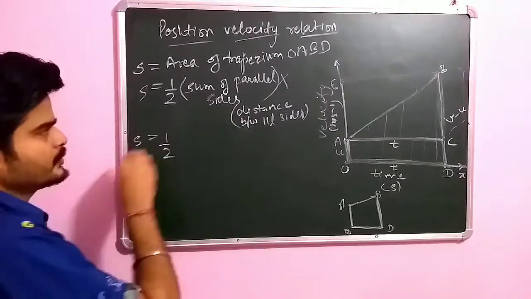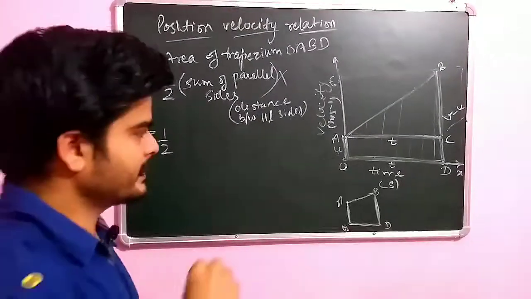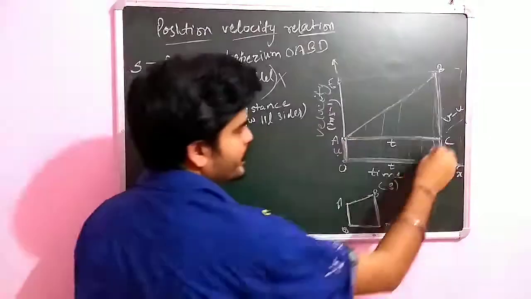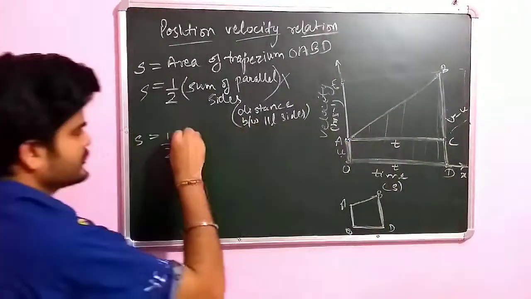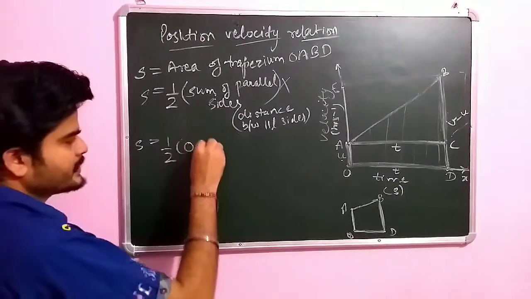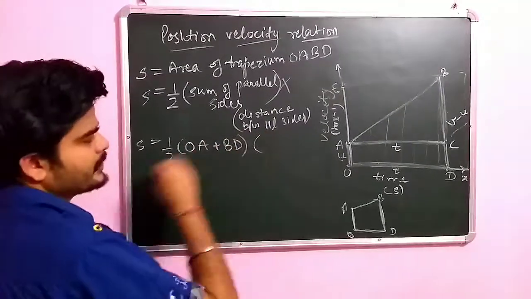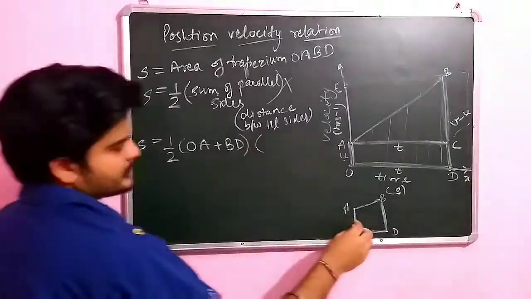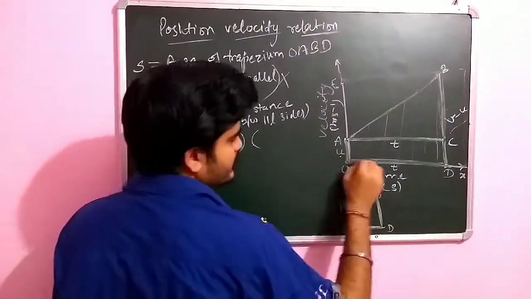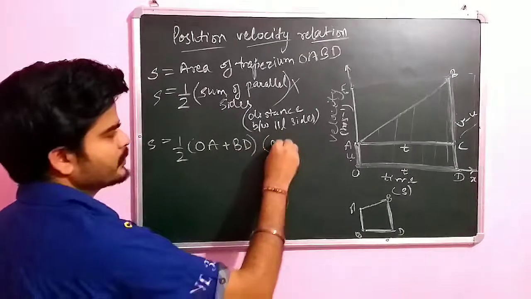The parallel sides are OA and BD. So the sum of parallel sides means OA plus BD, into the distance between parallel sides, which is OD.